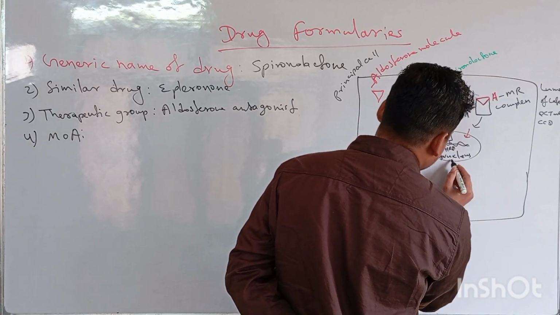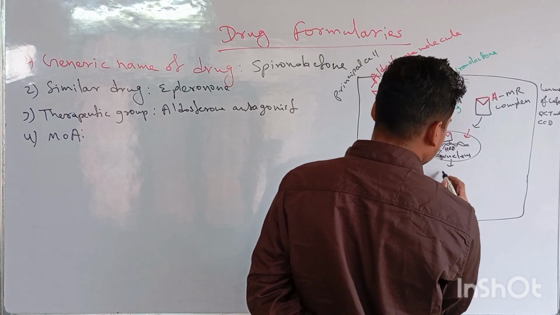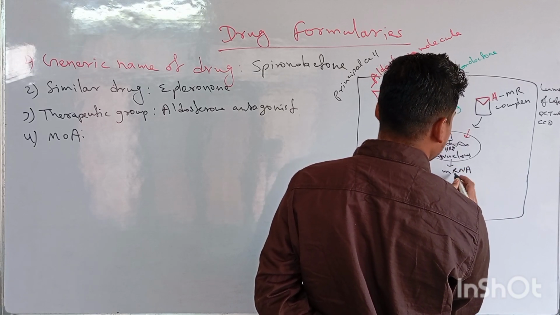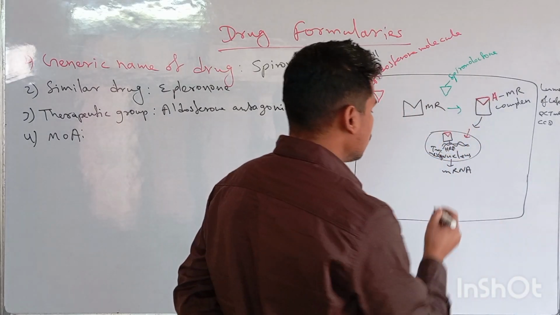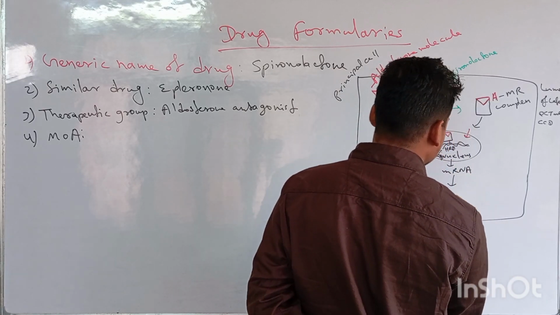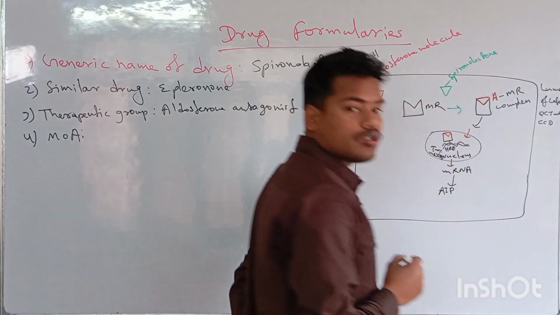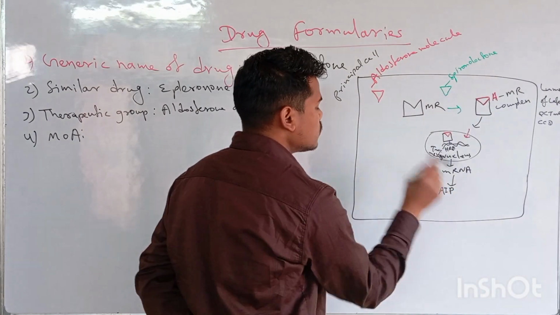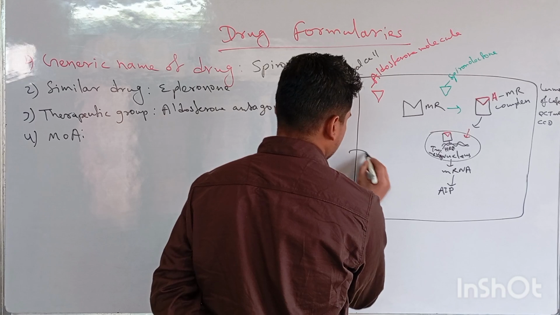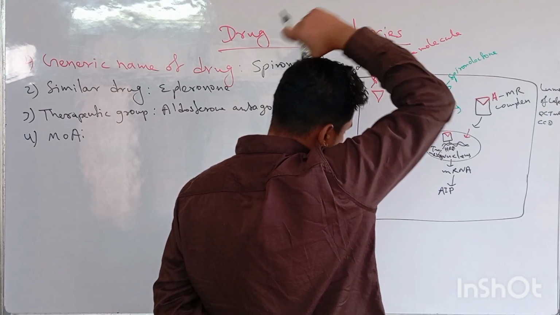Now this mRNA molecule will be translocated out of the nucleus and come to the cytoplasm. By the translation mechanism it will produce aldosterone-induced proteins. These proteins will include the sodium potassium channel protein and the sodium potassium ATPase enzyme.